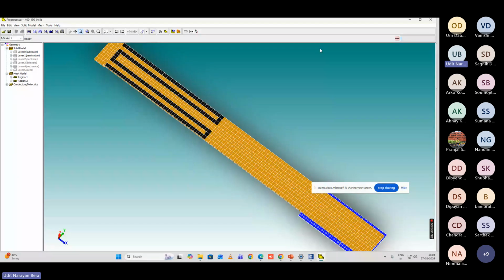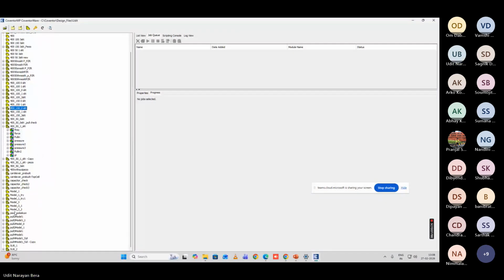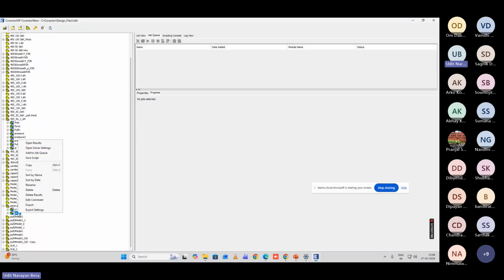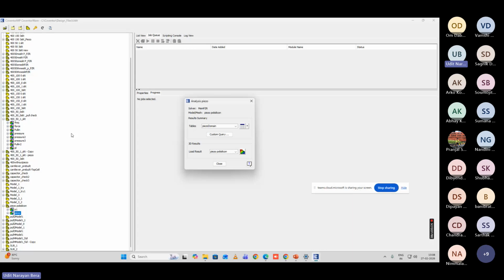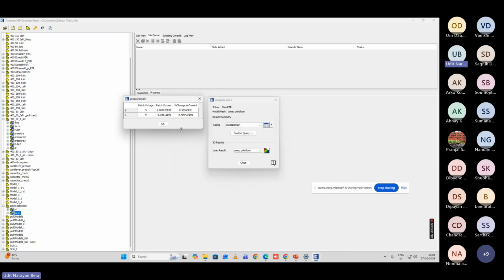Okay. So how does this kind of solver work? Let me show you one solution so that you can see how, in the piezo domain, the results are shown. I'm not showing you exactly what the different steps are in making that piezo, because it will take a little time.